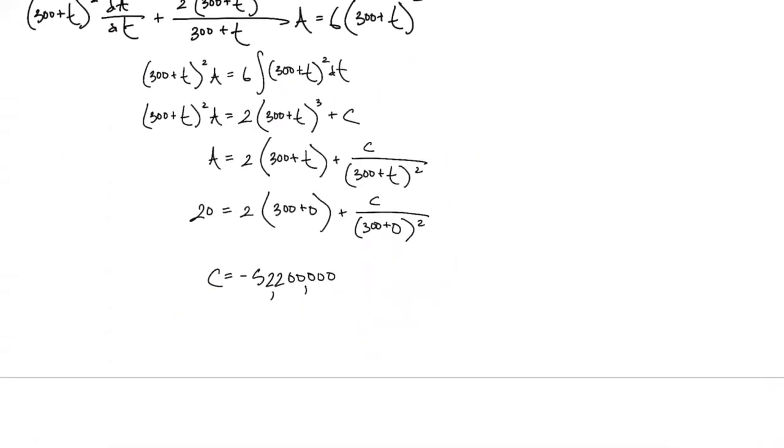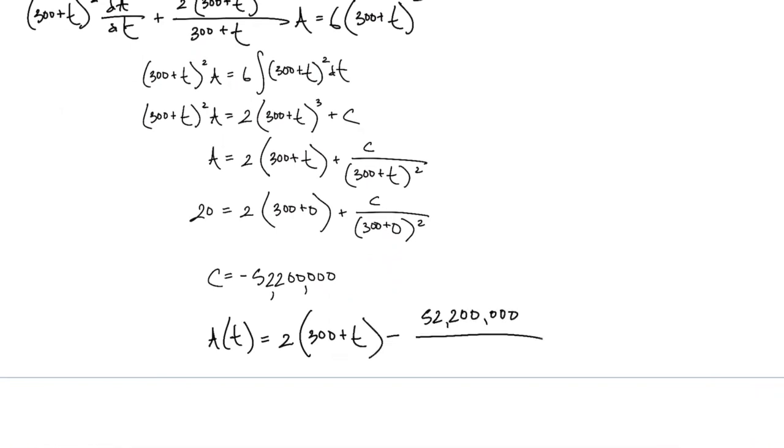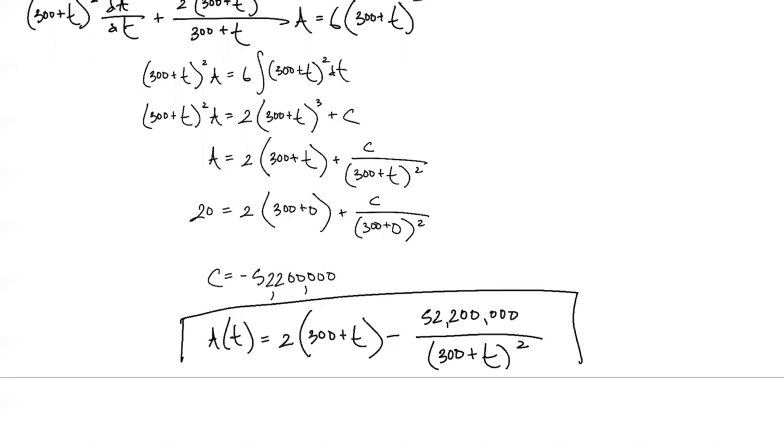All right, so that's going to give us the solution A(t) equals 2 times (300 plus t) minus 52,200,000 all over (300 plus t) squared. And that fancy formula, my friends, will tell you how much salt is in this tank at any given time.